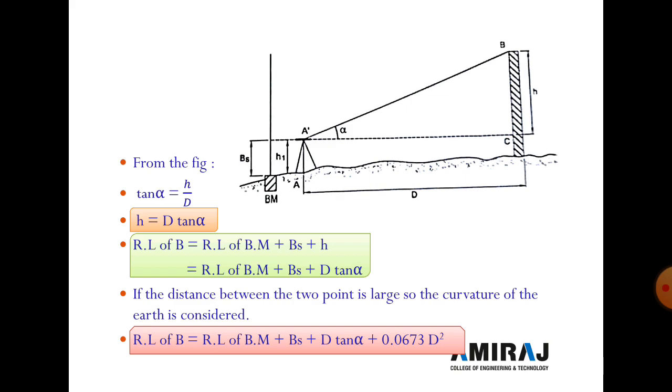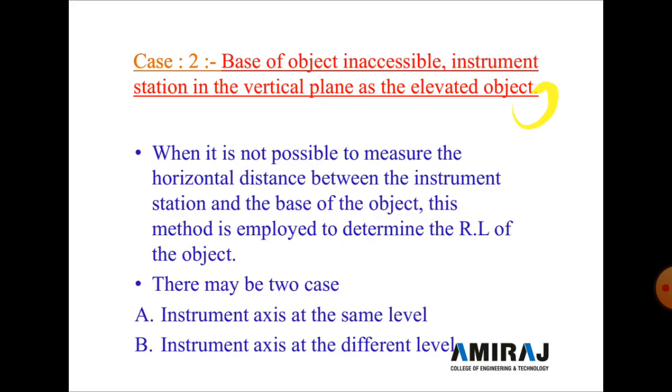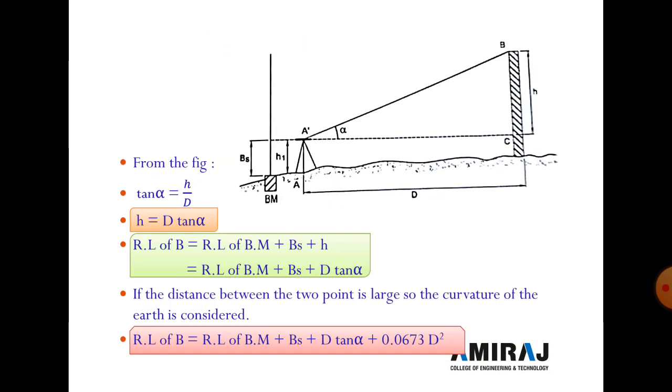Here tan alpha is equal to BC, which is h, divided by D. AC and A dash C are both the same, so the value is D. So tan alpha is equal to h divided by D. Here the horizontal distance D we measure using a tape or chain, and we find out the vertical height small h.